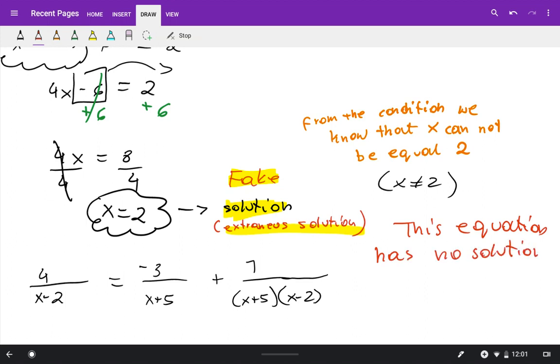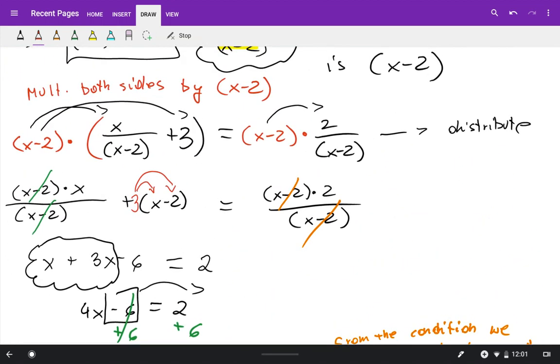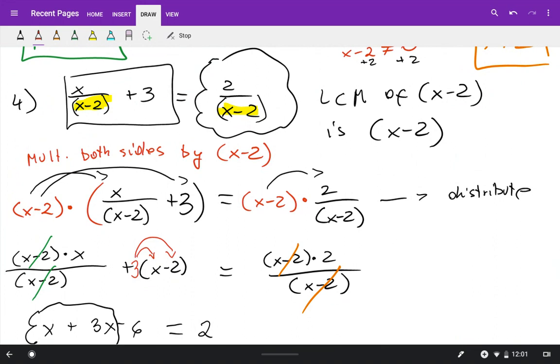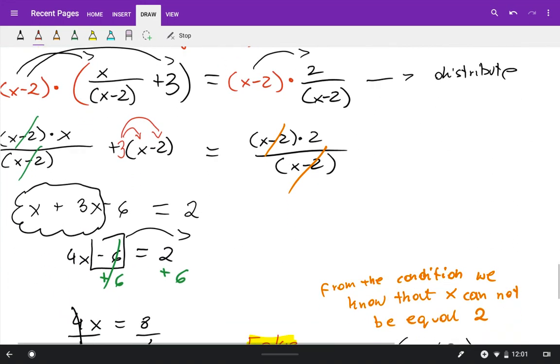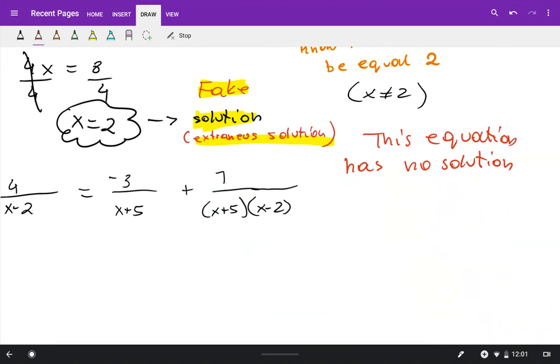So if you enter in my MATLAB x equal 2 as a solution, my MATLAB will mark that wrong, because when you have fractions, you always have to give the condition that the denominator cannot be equal to 0. Okay, so the previous equation did not have a solution.